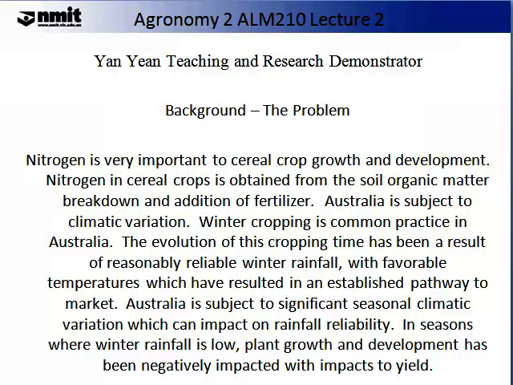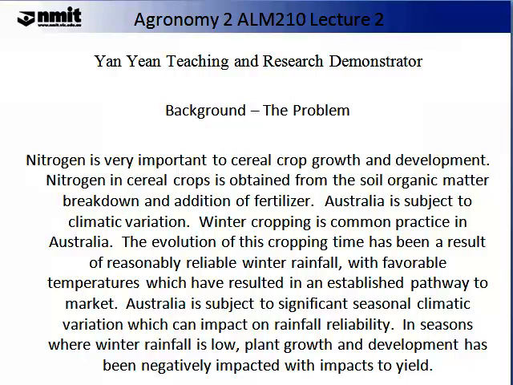Australia is subject to climate variation, and winter cropping is common practice in Australia. The evolution of this cropping time has been a result of reasonably reliable winter rainfall, with favourable temperatures that have resulted in an established pathway to market.